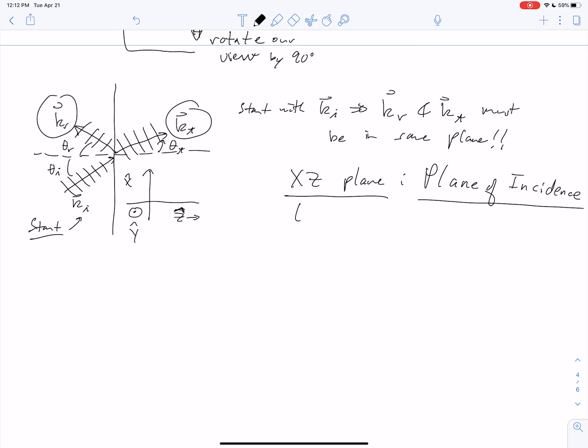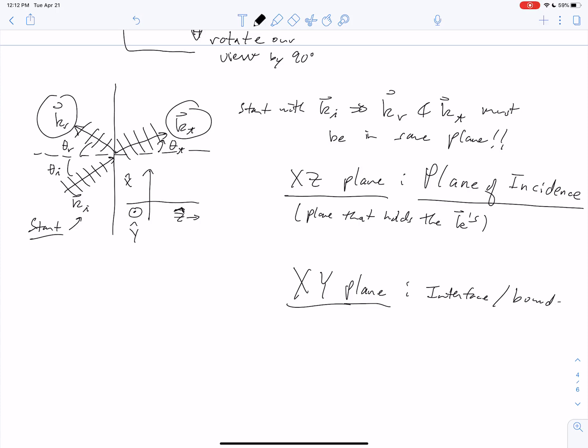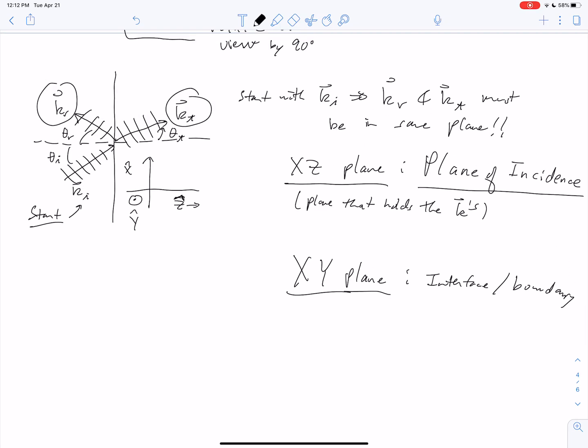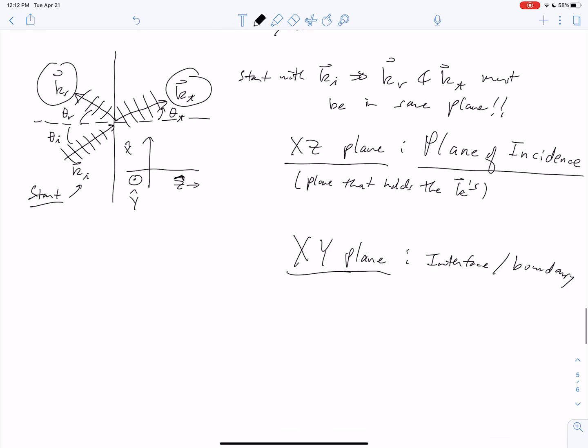It's the plane that holds the k's, whereas the XY plane is the boundary plane, the interface or boundary. That difference is very important. We have these two planes, the plane of incidence and the actual interface. They're different, and here are their coordinate systems.